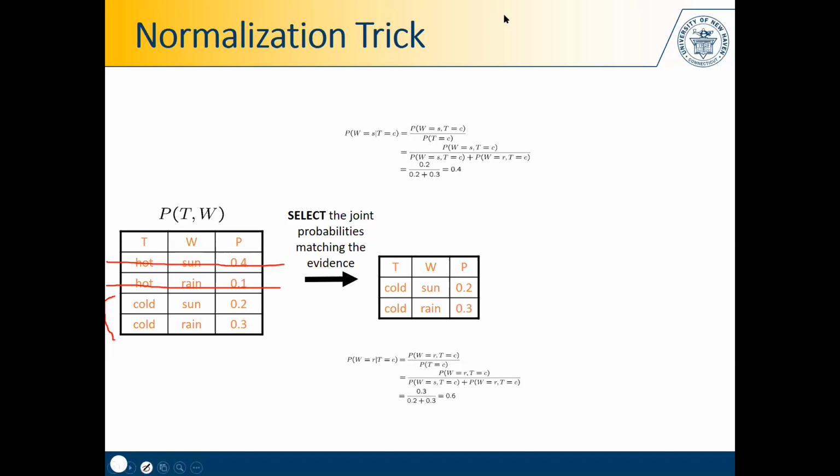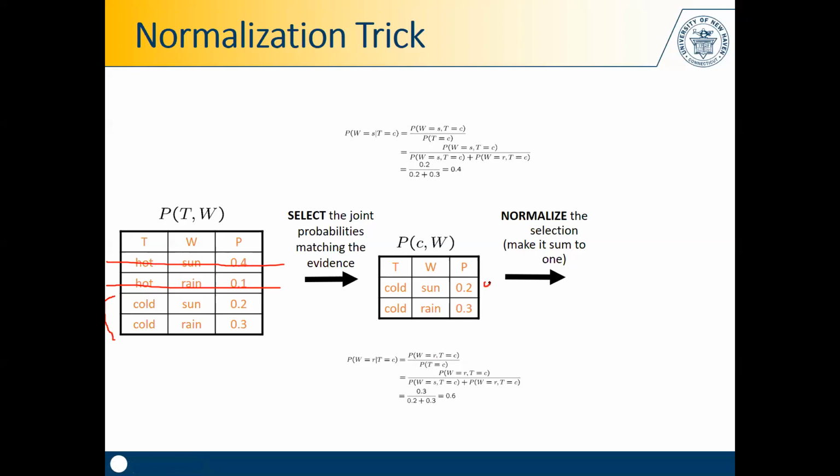Now that we've completed this step, in the next step, all we have to do is to make sure that the sum of these two probabilities adds up to 1. How do we do that? We just normalize it. So how can we normalize these values into something that adds up to 1, but still makes sense in terms of the proportion of these probabilities? We just divide them by their sum.